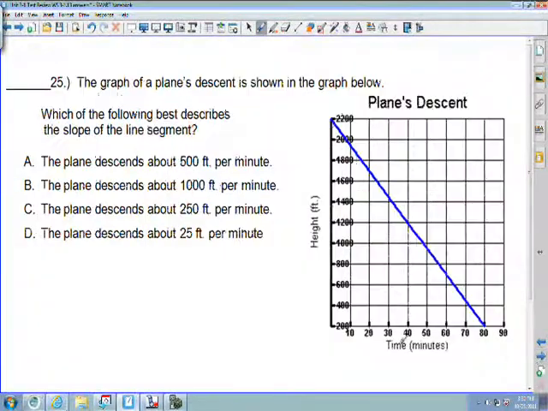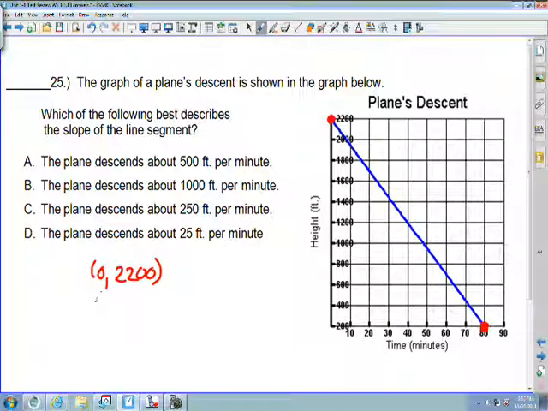Number 24. You're supposed to figure out what's happening to this plane as it's descending. I would start and find my y-intercept, and that was 0 and 2200. Then find another point that works exactly. Actually, you can use any of them. One of the first things you should look at is if there's an x-intercept. There it is right there.